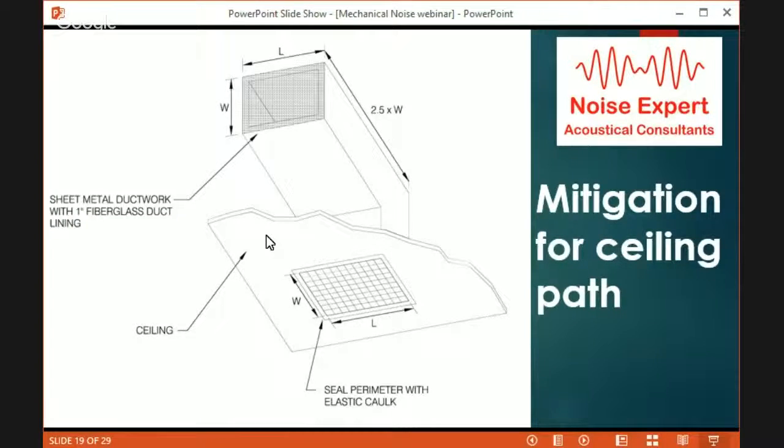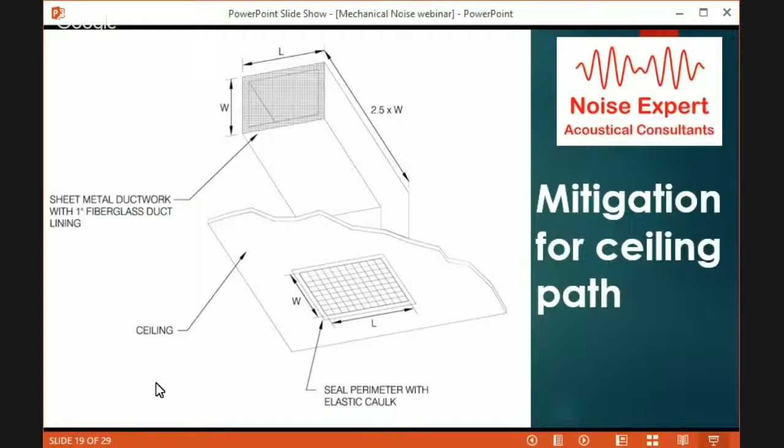The ceilings get a CAC rating, which is the noise from one room through the ceiling into that plenum area, down through another ceiling, and that's your CAC rating. It's not just one straight path, like an STC. But if you have openings in it, that's going to greatly reduce the effectiveness of the ceiling.